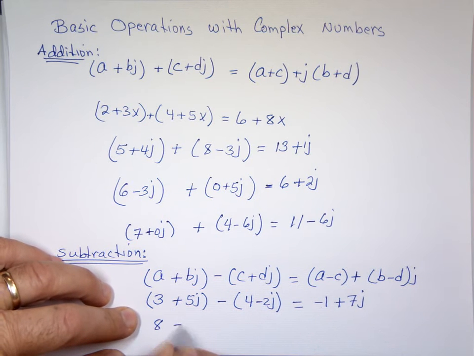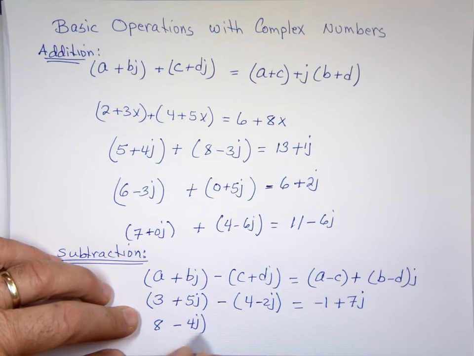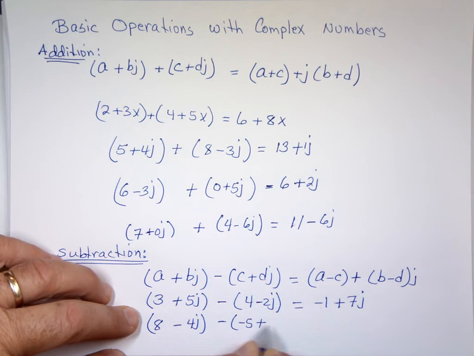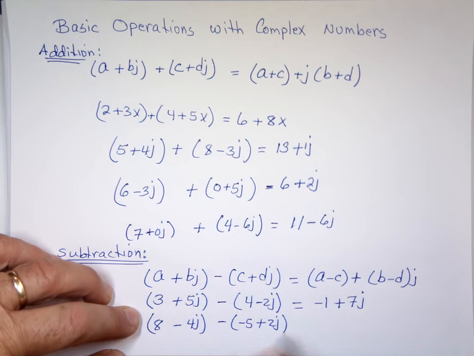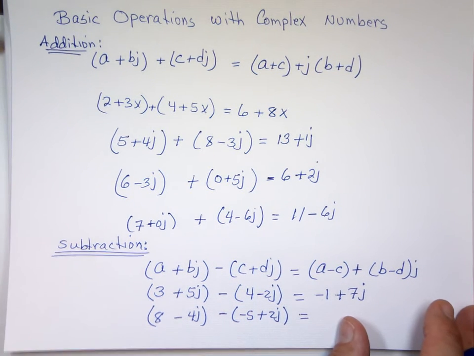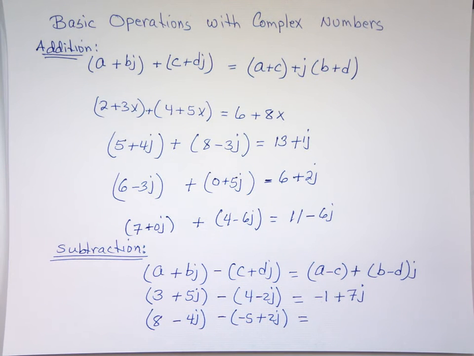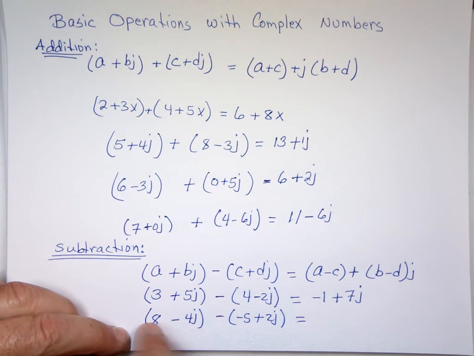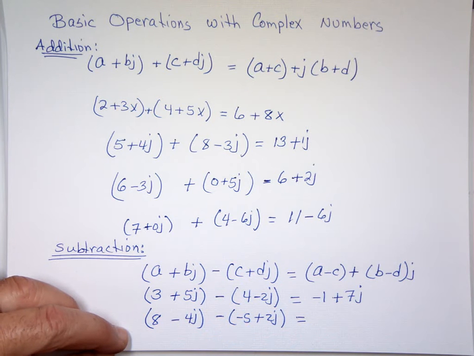Eight minus 4j, subtract from it negative 5 plus 2j. Eight minus a negative 5.